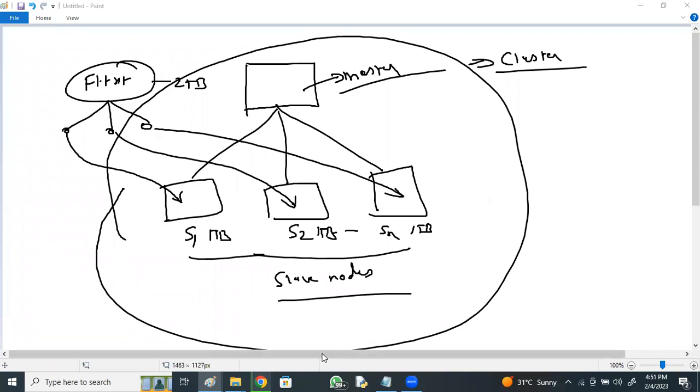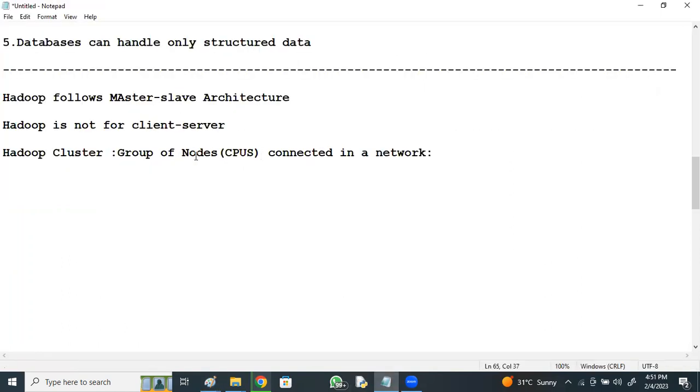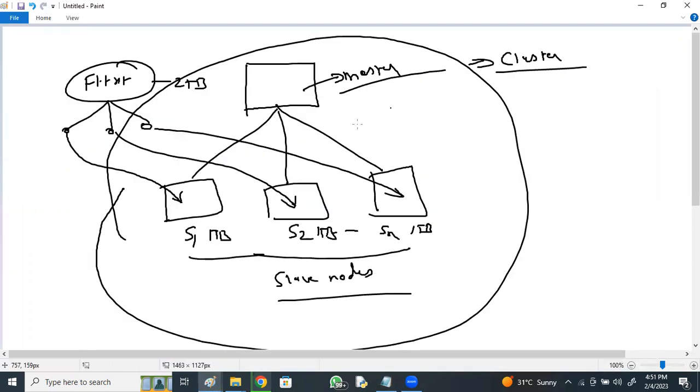Cluster means a group of systems connected in a network. There are two types of nodes, master node and slave nodes. So this file is divided into smaller parts, distributed across multiple slave systems, and processed parallelly.